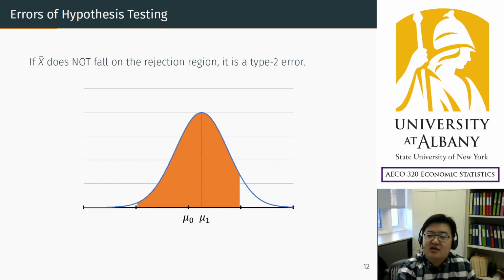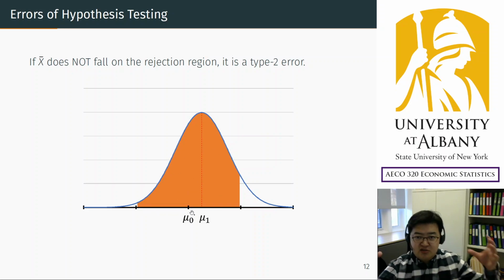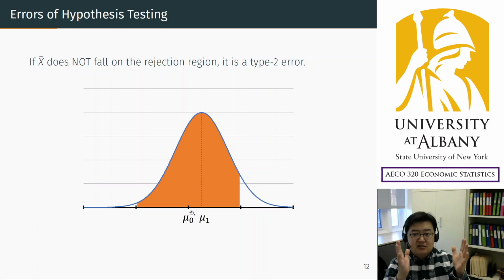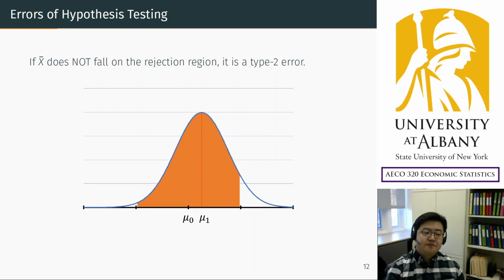That is type 2 error. Again, type 2 error happens when you fail to reject a wrong null hypothesis. Even if the data is generated from a different normal distribution, there is still probability near the null hypothesis. That's the type 2 error probability.